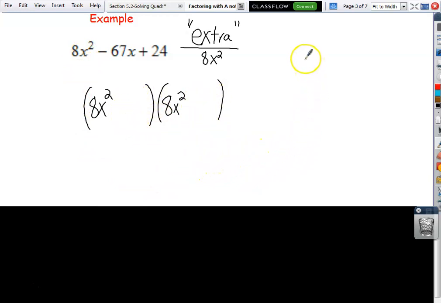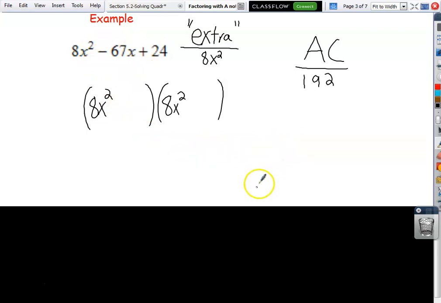So you are going to need to find your AC value, or the coefficient of your squared term and your constant term multiplied together. 8 times 24 is 192. Now, I need to find two numbers that multiply to 192 and add to a negative 67.